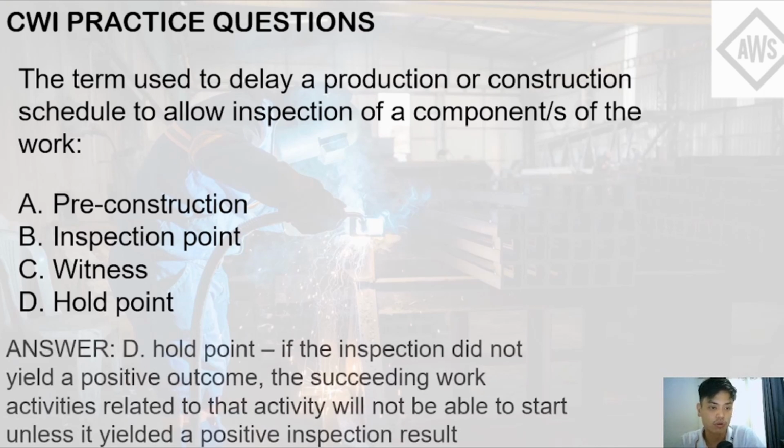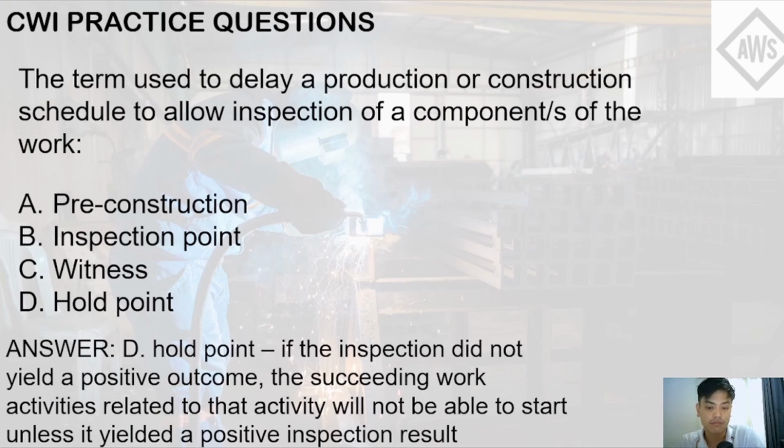So what's the impact of a hold point? If the inspection did not yield a positive outcome, the succeeding work activities related to that activity will not be able to start unless the test yielded a positive result. For example, the welding inspector may need to inspect first the weld joint preparation done by the fitters or the welder before proceeding with the root pass, the hot pass, etc. So he may indicate in the inspection procedure or the test plan that the inspection for the joint preparation is a hold point.